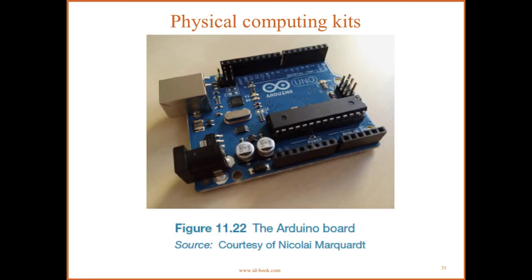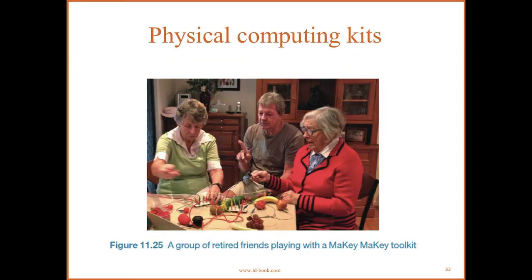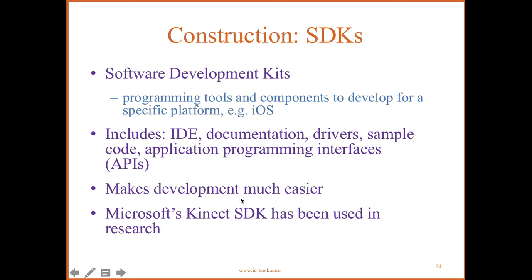This is an example of an Arduino board. And this is Make, a very simple computing kit. With Make, you can see how they are using a prototype among the elderly, using bananas, fruits and so on. Another construction tool that can be used is an SDK.